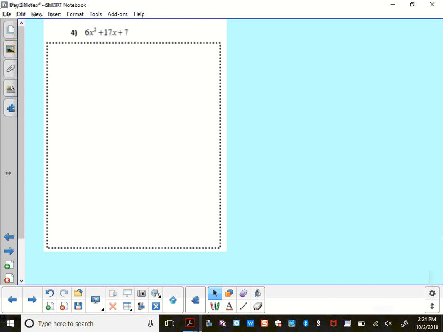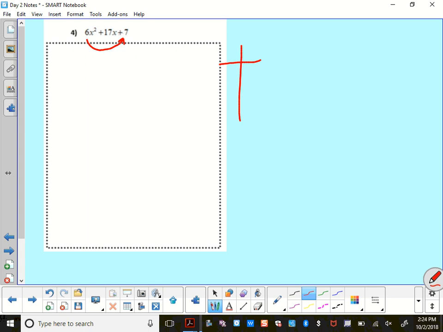Alright, so, once we swing first, I need two numbers that add to give me 17 and multiply to give me what? 42. So we have 1 and 42, 2 and 21, 3 and what? 14. Is that all that works? 6 and 7.